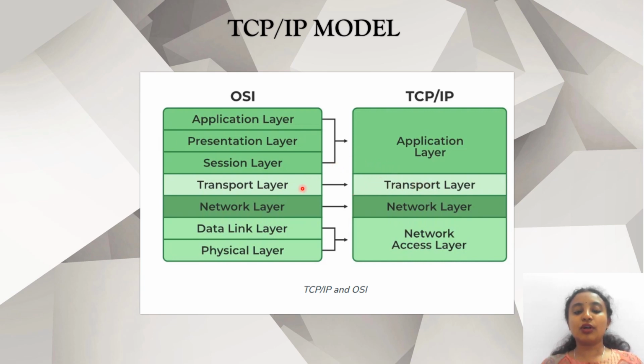In OSI model, the transport layer provides the assurance of delivery of the packets. In TCP/IP model, protocols cannot be replaced easily, whereas in OSI model, they can be replaced with the topology changes.